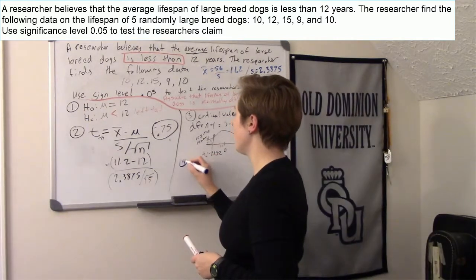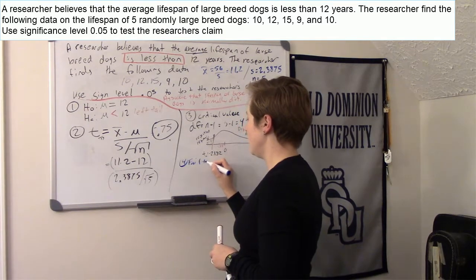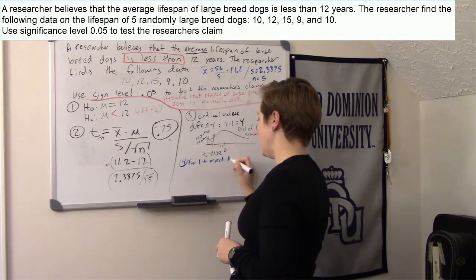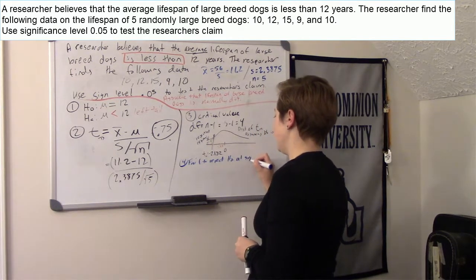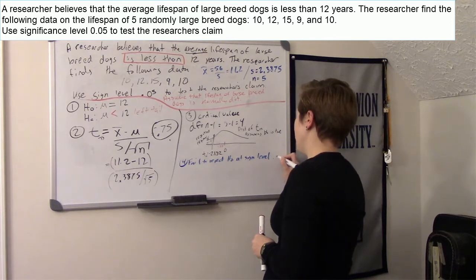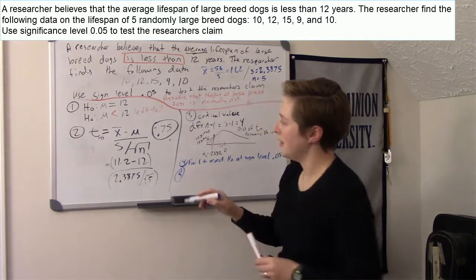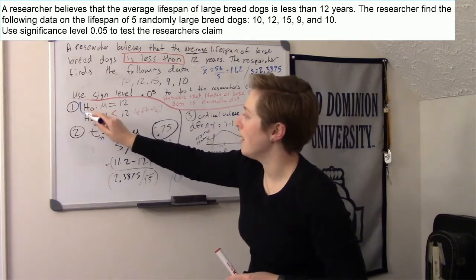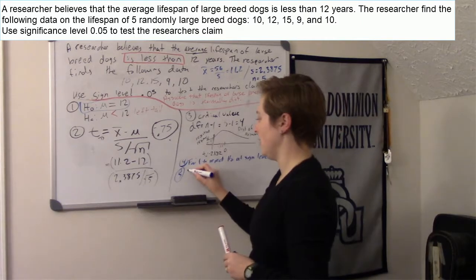Step number 4. It's not in the rejection region, so we will fail to reject H0 at significance level 0.05. And step number 5. We failed to reject this, so there's not enough evidence for the alternative.